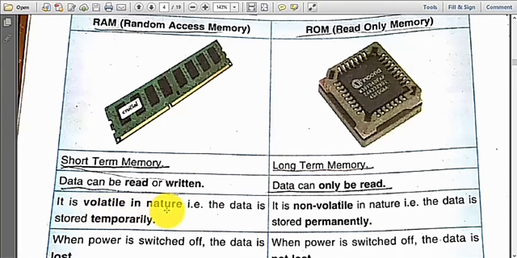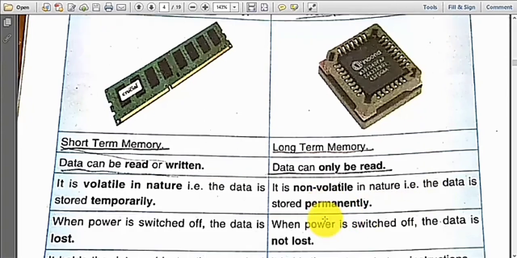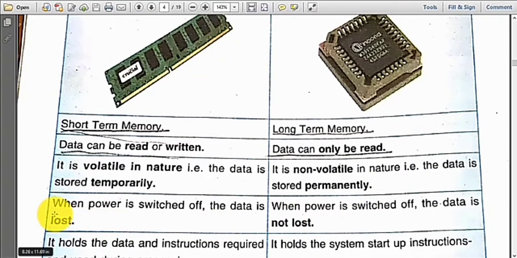ROM is non-volatile in nature, means the data stored here is permanent. Next, when power is switched off, the data is lost. When you are using RAM and you switch off your power, your data will be lost. But in the case of ROM, when power is switched off, the data will not be lost.